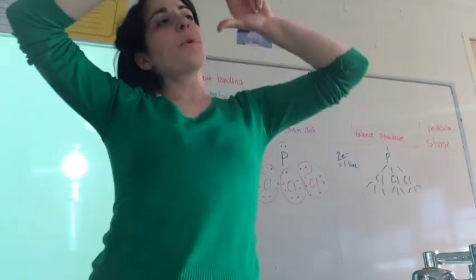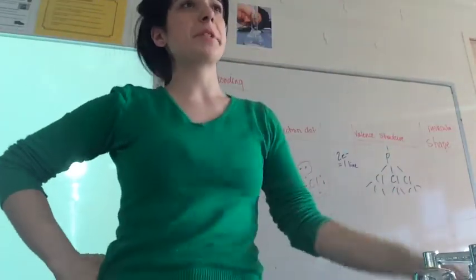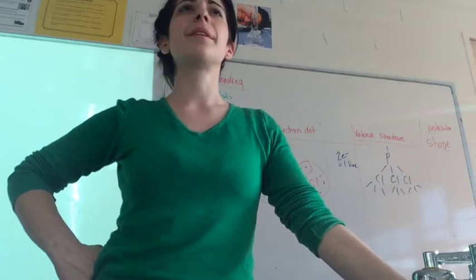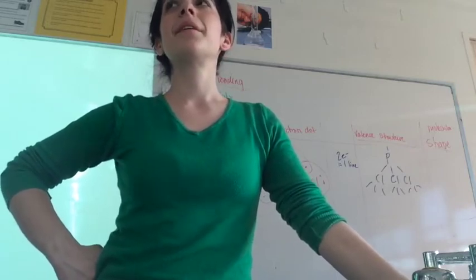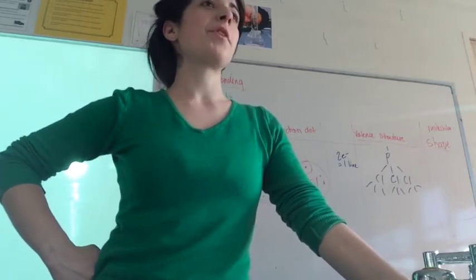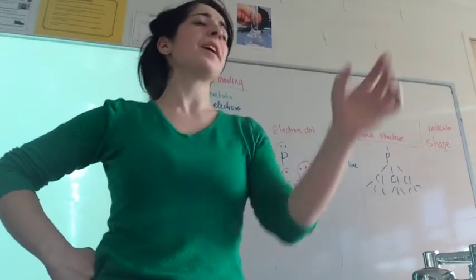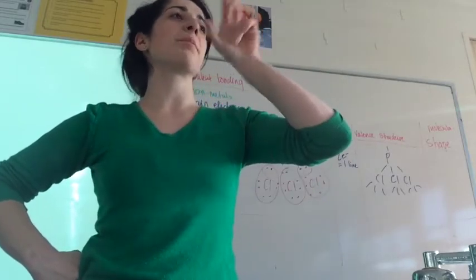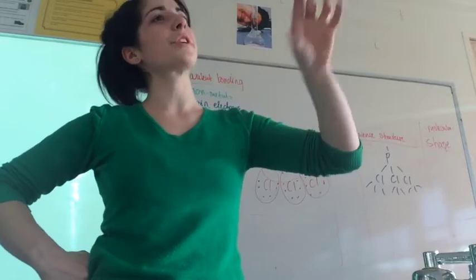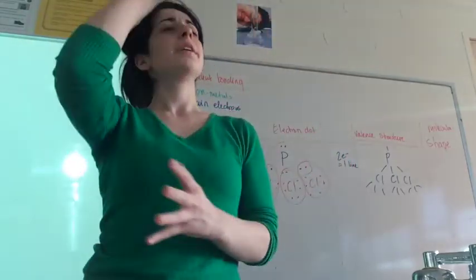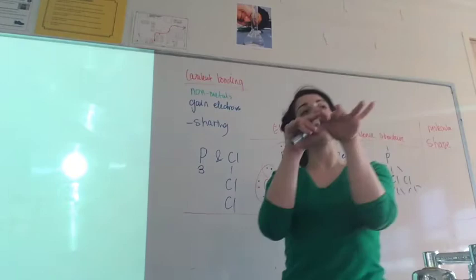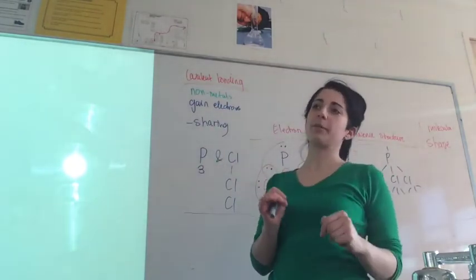Does anyone remember how to work out the shape or what the molecular shape is actually talking about? Number of bonds. Yep, so exactly. Then it talks about the shape between the atoms, so it only refers to the shape of the bonding electrons. It doesn't include the lone pairs, but the lone pairs may affect the overall shape.